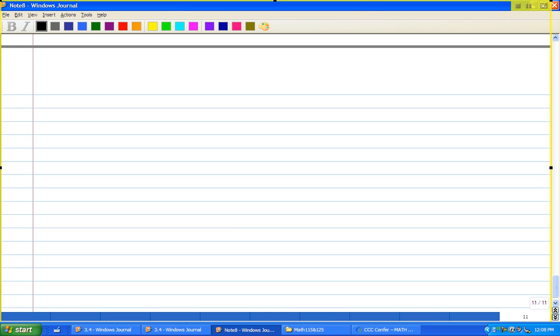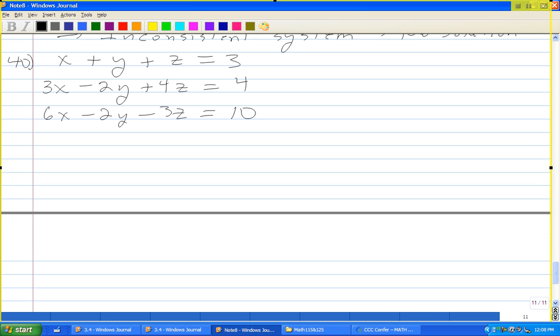And so let's write this as an augmented matrix. 1, 1, 1, 3; 3, negative 2, 4, 4; 6, negative 2, negative 3, 10.